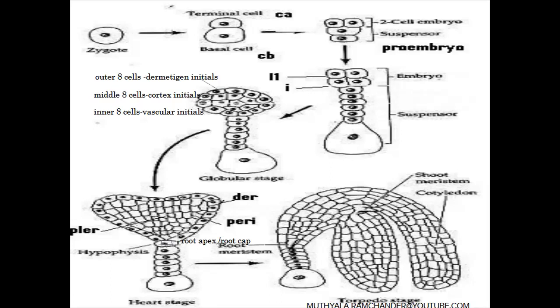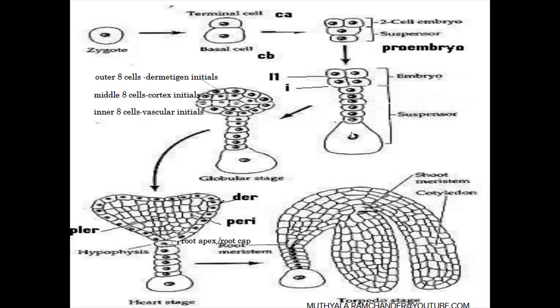The developed embryo needs nutrients and minerals. The needed nutrients and minerals are present in the endosperm. The endosperm supplies nutrients to the developing embryo. Those nutrients are received by the haustorium.